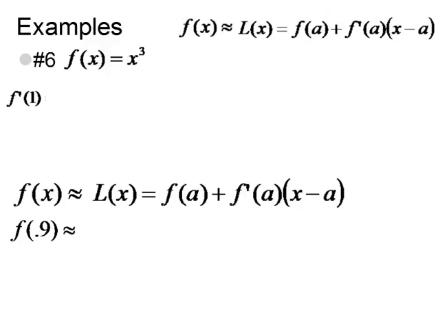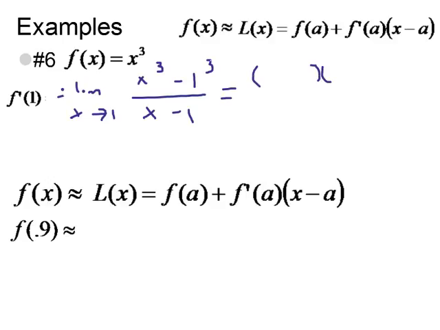So let's start. F prime of 1 is the limit. Which one do I think is going to be easier? I think as x approaches 1 is going to be easier for me. And I'm going to go f of x minus f of 1 over x minus 1. Now I know the top is just x cubed minus 1, which is the difference of two cubes.